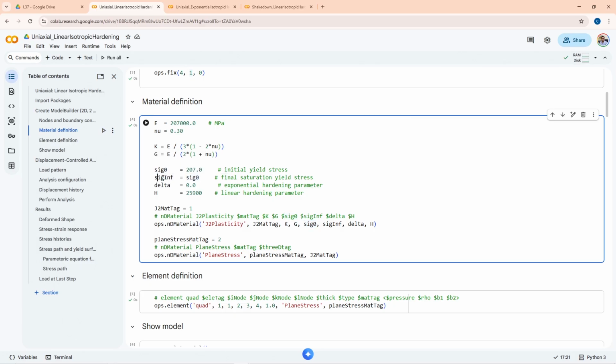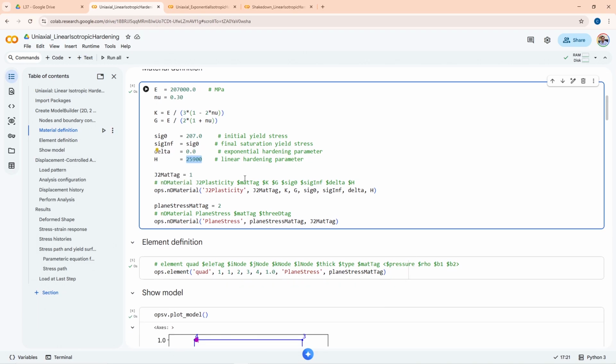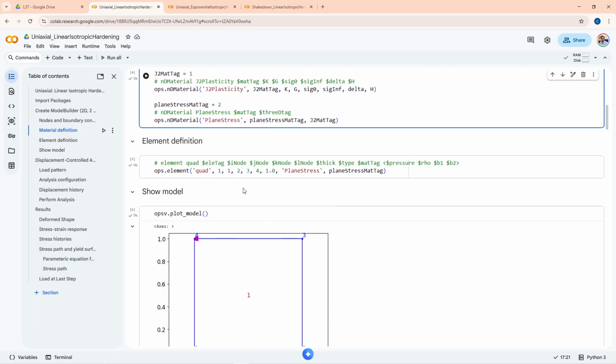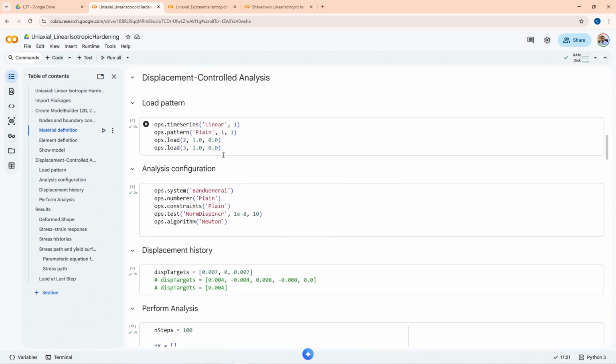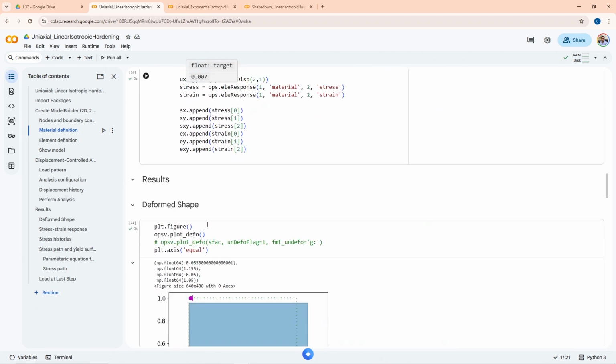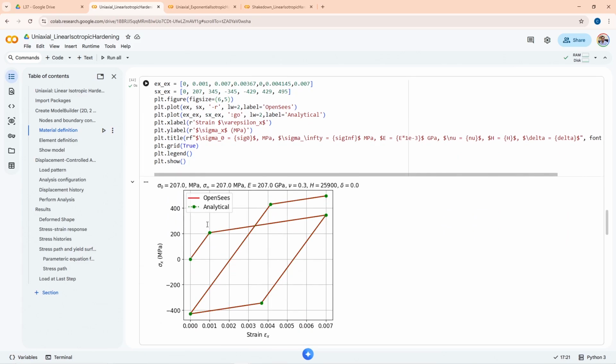So, sigma infinity is set to sigma 0 and delta, whatever value you give, is no issue. I am considering only linear isotropic hardening and that plastic modulus is 25,900. Then the rest is something we have explained earlier. I am doing a displacement control analysis and let me show you the final result.